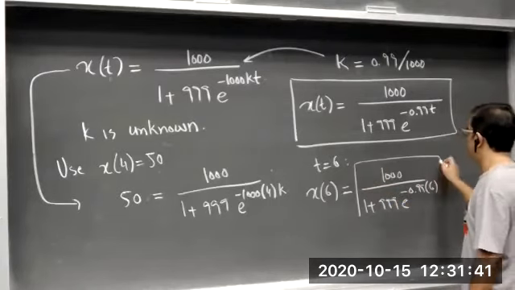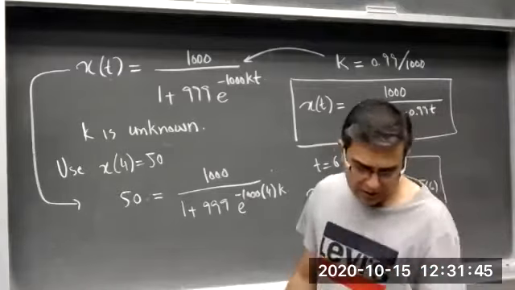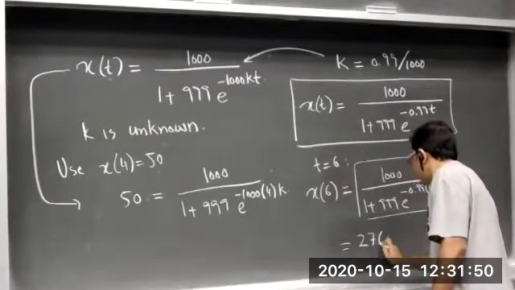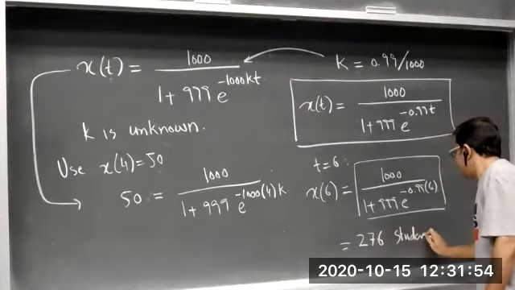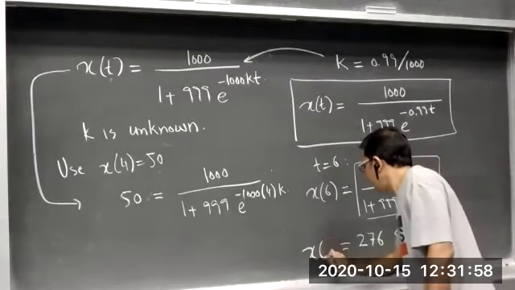I hope you can solve it using a calculator. And after solving it, what do we get? It is 276 students. So after 6 days, 276 students will be infected.